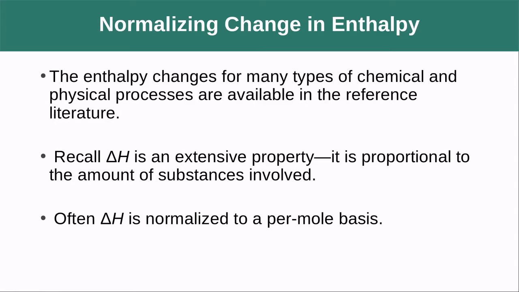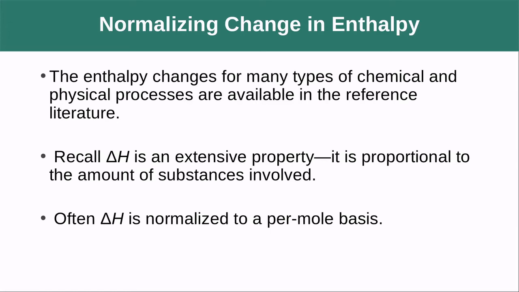The enthalpy changes for many types of chemical and physical processes are available in the reference literature. That's where we've started to figure out what the different values are at this standard state. We're going to recall that delta H is an extensive property, and that means that it's proportional to the amount of substances involved.